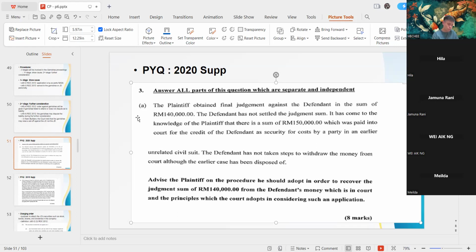If you generally explain the garnishing procedure and the procedures involved, then you come to the extent that, however, in this situation it's not applicable because the money is in the court. So when Order 49 Rule 9 applies under sub 1, you can stop there already. Yes, I think it's more than enough.